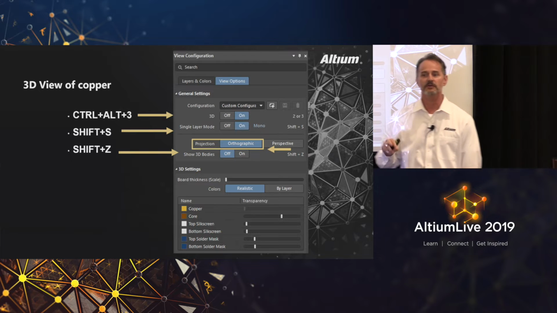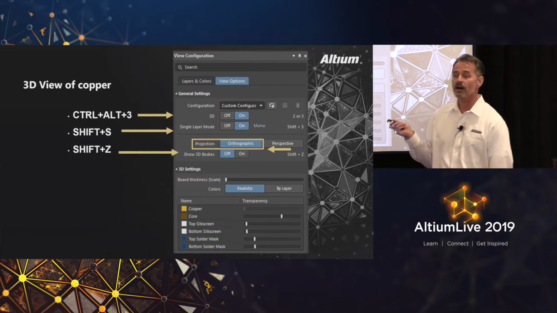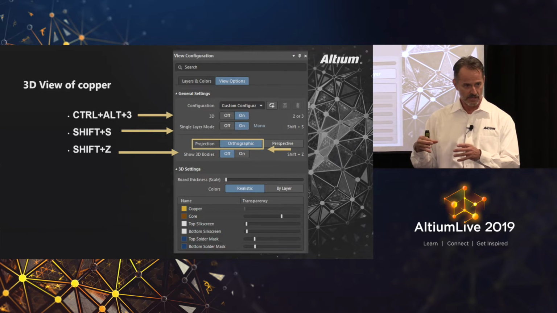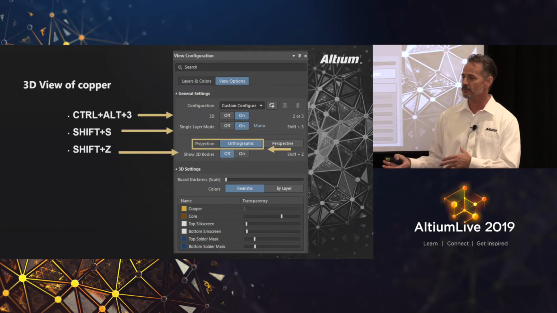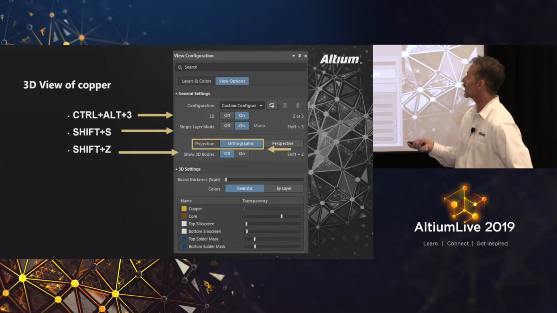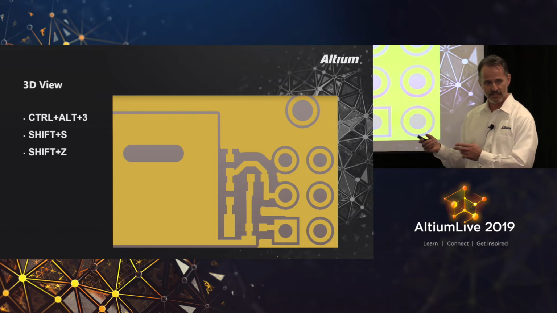We all know 2 and 3 take you between 2D and 3D modes. Now Control-Alt-3 will take your current 2D view and push it right to 3D. So you'll have the same view, because 2D and 3D have their own zoom areas. Control-Alt-3 will take your current zoom and take you right into that same location.